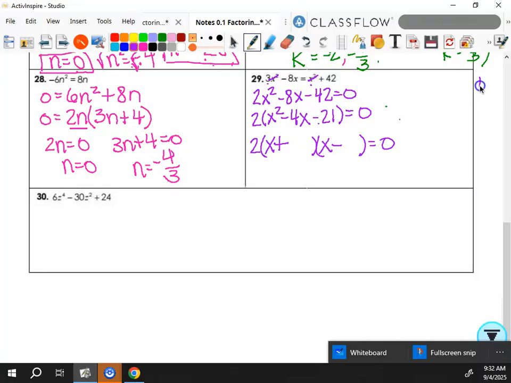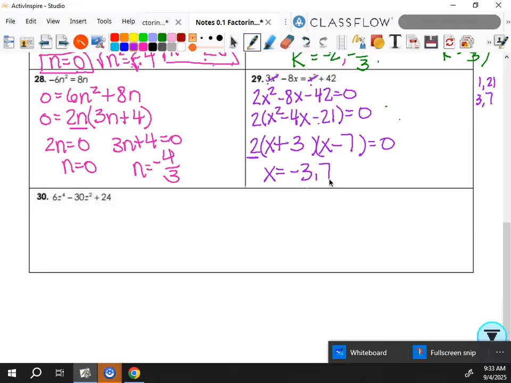I got 1 and 21, not divisible by 2, divisible by 3, 3 and 7. Not divisible by 4. Just start jotting them down instead of just staring at it. Which one? 7 was negative, and then 3. Is this guy going to give me a 0? No. So my solutions, roots, zeros, x-intercepts, all that: negative 3 and 7.